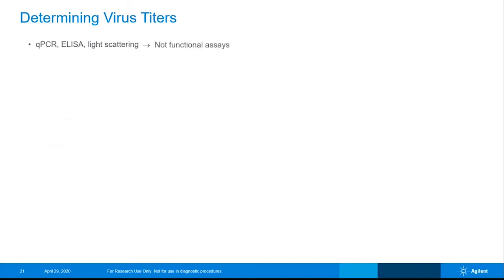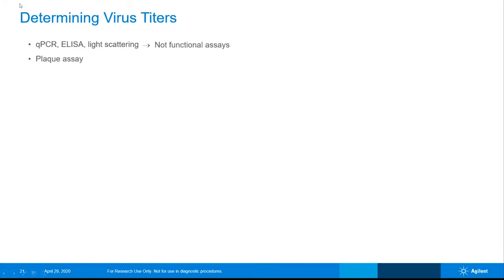The problem with all these is that they're just not functional assays. With light scattering, for example, a certain percentage of those virions may not have genome packaged within them. So this highlights the benefit of having a functional assay that's easy to do.